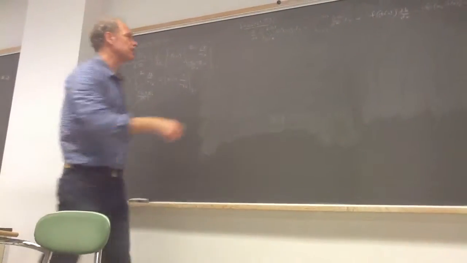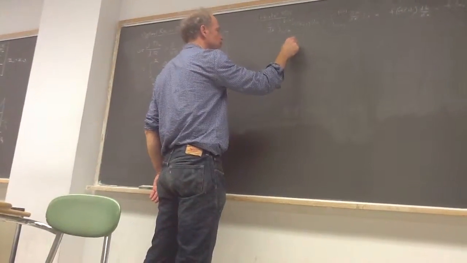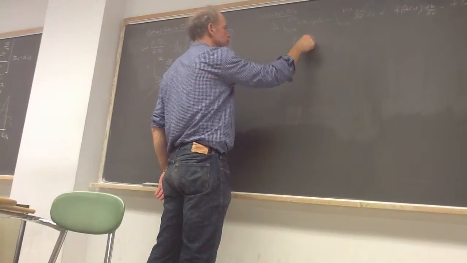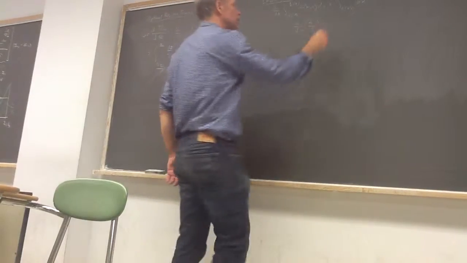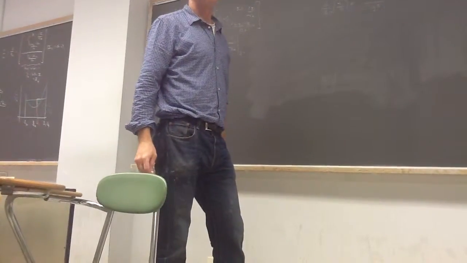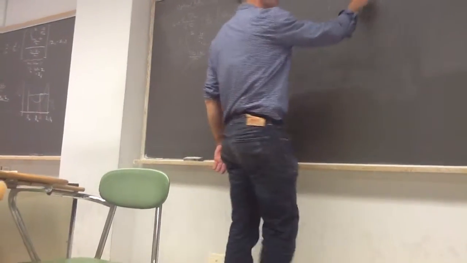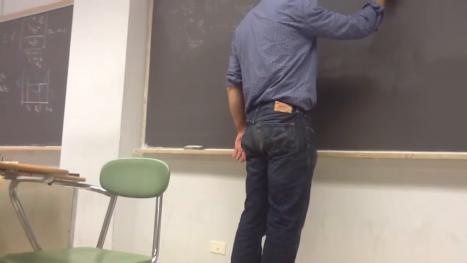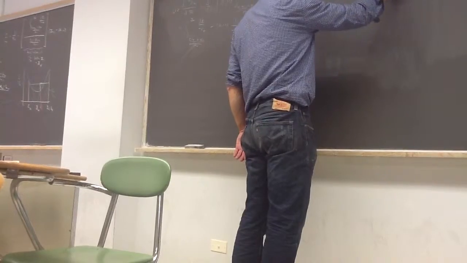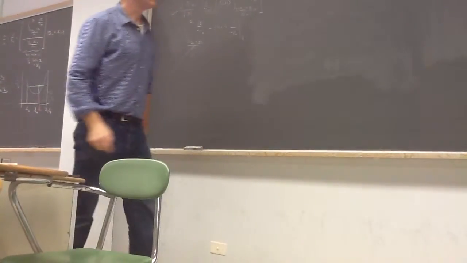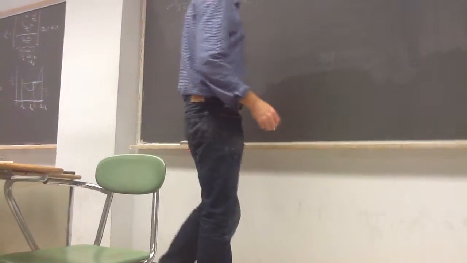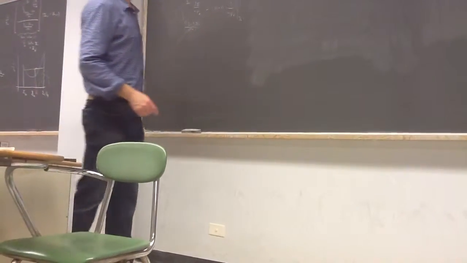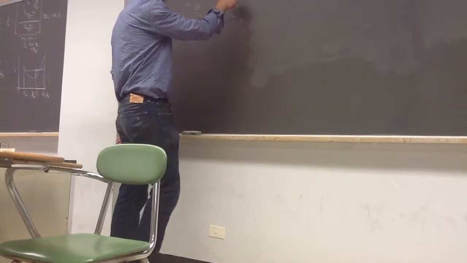It's the derivative of f over g: f prime g minus f g prime, over g squared.